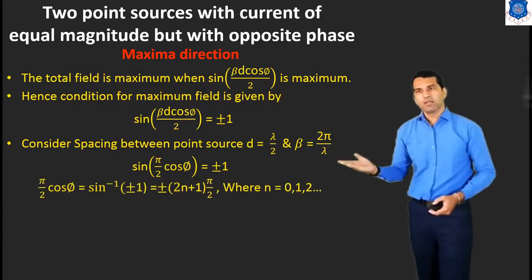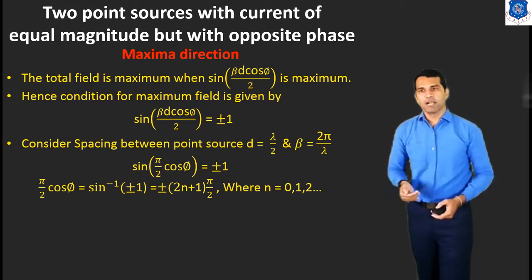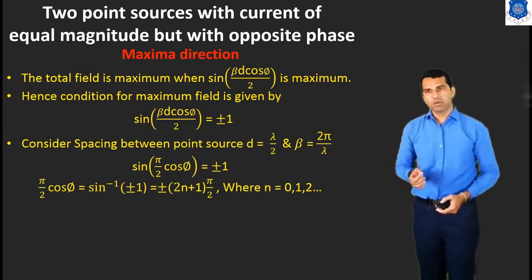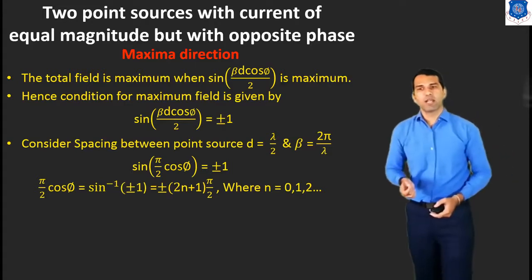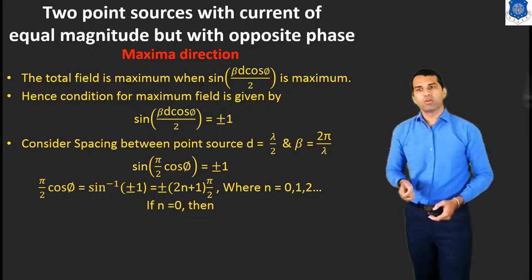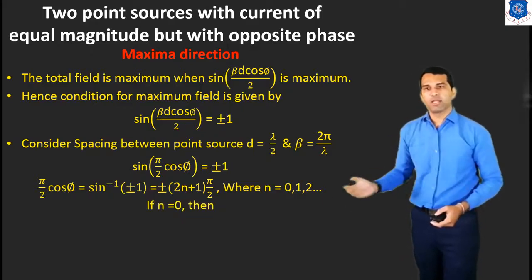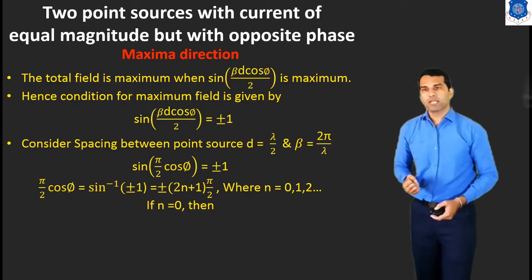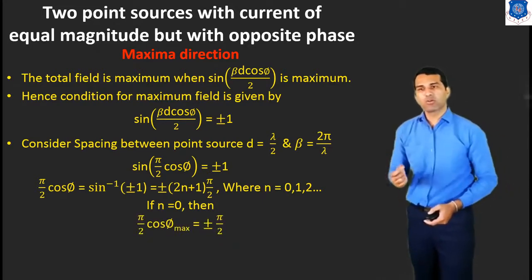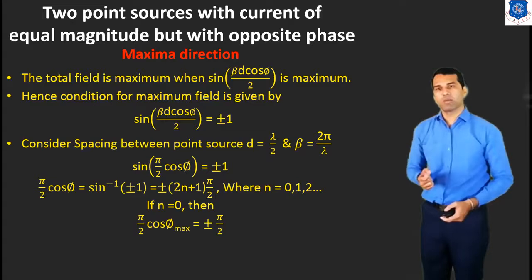Taking sine inverse of plus or minus 1, we can write it as plus or minus (2n plus 1) pi by 2. Now we put n equal to 0 in this equation, so the right hand side term becomes pi by 2. So we can write pi by 2 cos phi maximum equals plus or minus pi by 2.